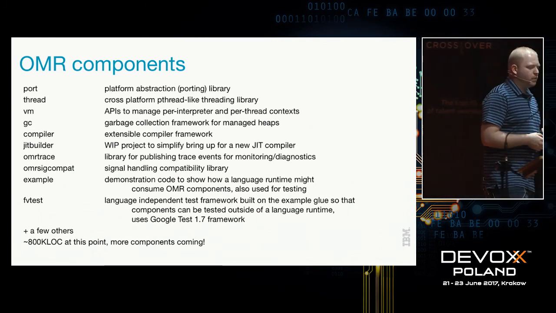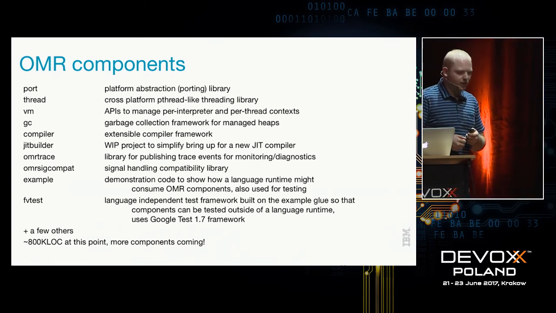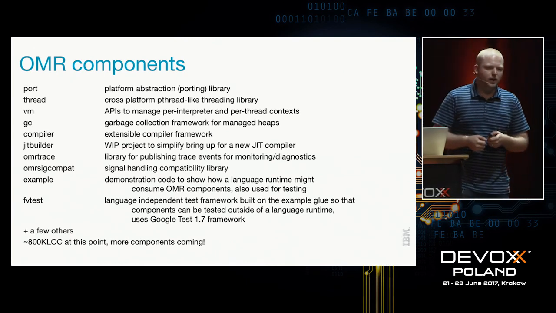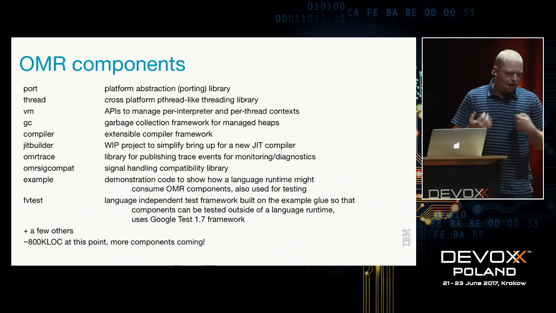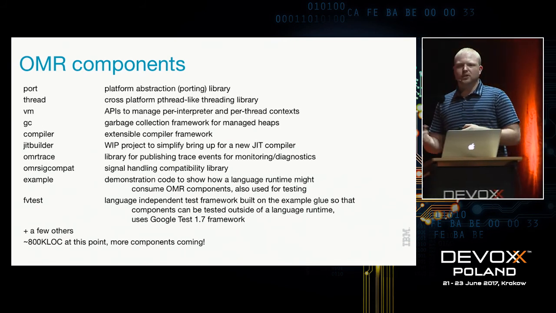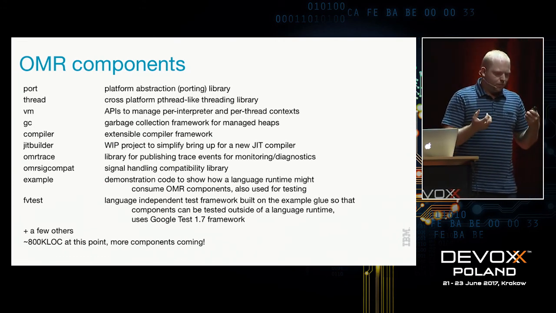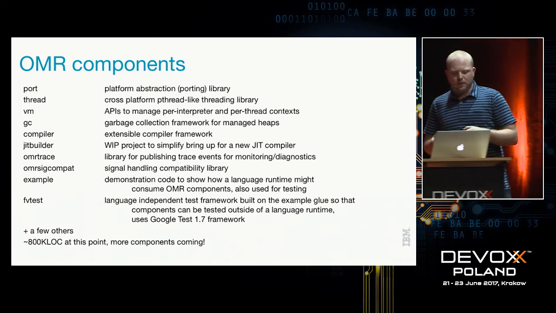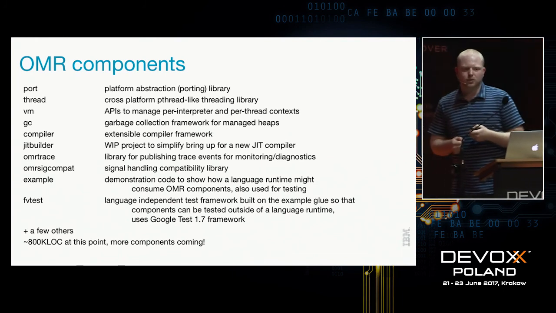And with OMR, you can get a JIT builder going, and you have a JIT in your runtime. So what we have here is anything from the port library to a test framework that will help you either improve an existing runtime or just build a new runtime. So more components are coming, so go check that project out.